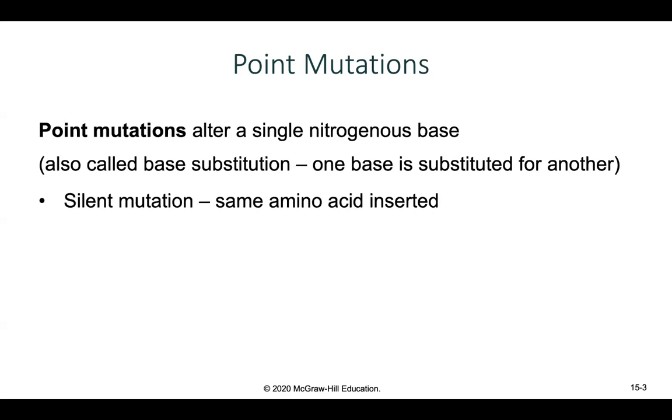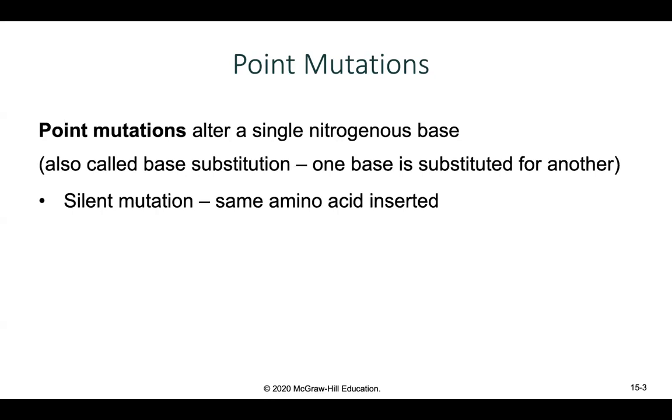As I mentioned, some mutations don't cause any change. So that's called a silent mutation. Silent as in you don't hear it or, I guess, see the results of it in this case. By substituting one base for another in a silent mutation, the same amino acid is still inserted.